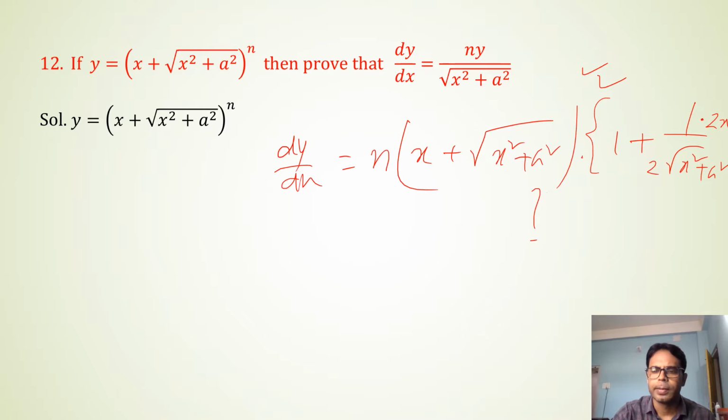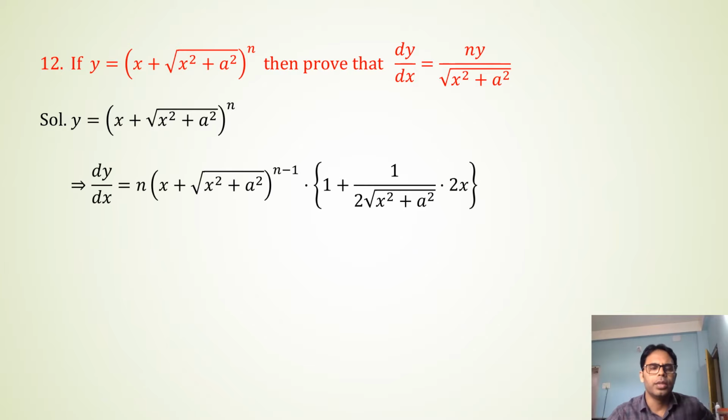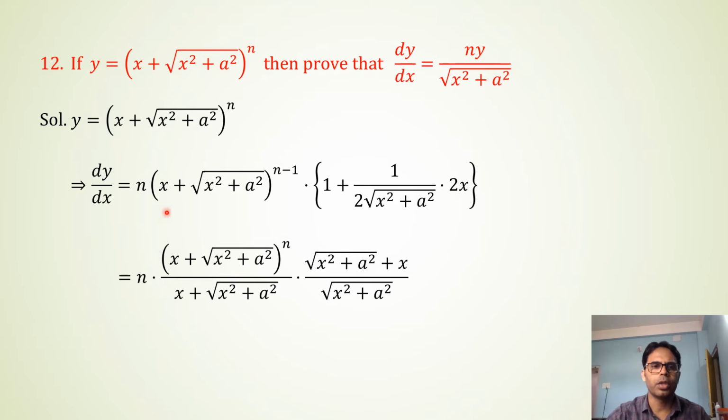You see the solution in a clean screen. You see dy dx is already, I have told how this line is obtained. Then very simple calculation, this n is already here. You see n is remaining there. This term whole power n minus 1, meaning this term whole power n, then this term whole power minus 1 will come in the denominator, into it is 2 and 2 will cancel out.